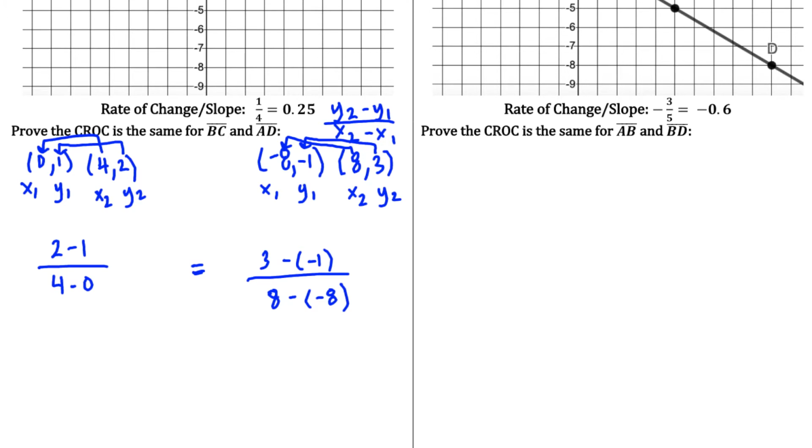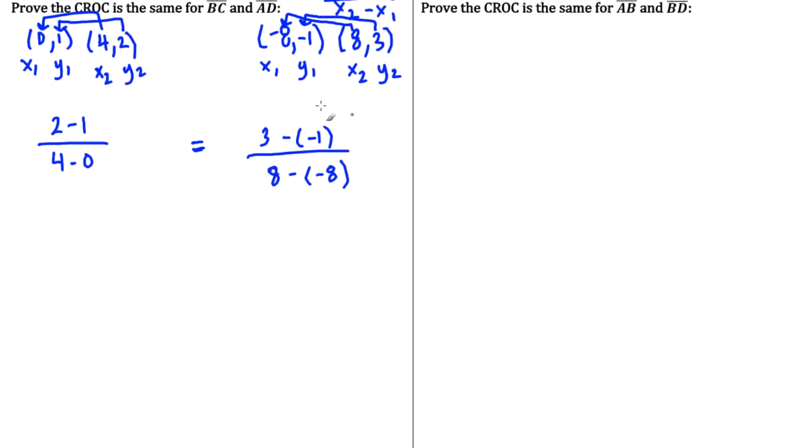Now before I continue, I should probably rewrite this. This isn't going to be minus -1, this is going to be plus. And this isn't minus -8, this will be plus 8.